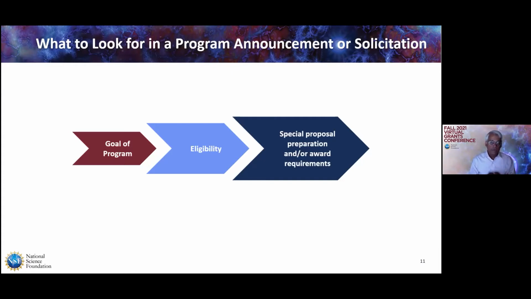Who's eligible to submit, both in terms of individual eligibility for PIs and senior persons, as well as organizational eligibility in terms of what kinds of organizations can submit. And then the solicitation may also have additional instructions in terms of proposal preparation or award requirements. So you may have limitations on how many people can submit, how many people can be included in a proposal, or how much money you can ask for, and so on.